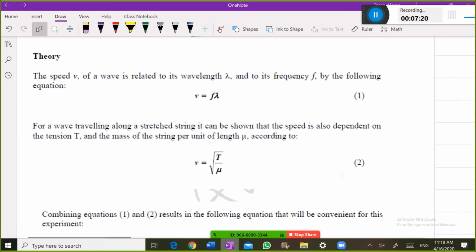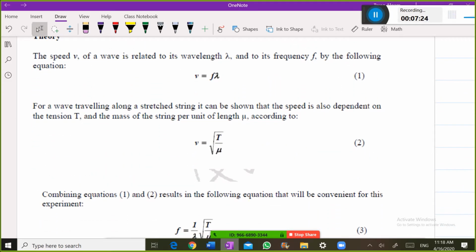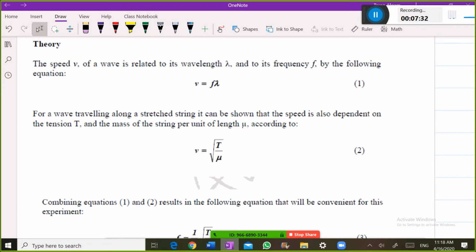Now there's an experiment for investigating the standing waves. You know this: the speed of the waves is equal to frequency times wavelength.